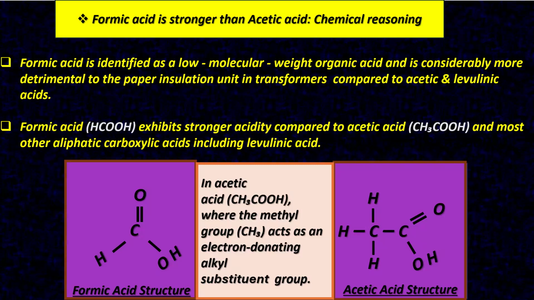Let's start with formic acid is stronger than acetic acid. Chemical reasoning. Formic acid is identified as a low molecular weight organic acid and is considerably more detrimental to the paper insulation unit in transformers compared to acetic and levulinic acids.